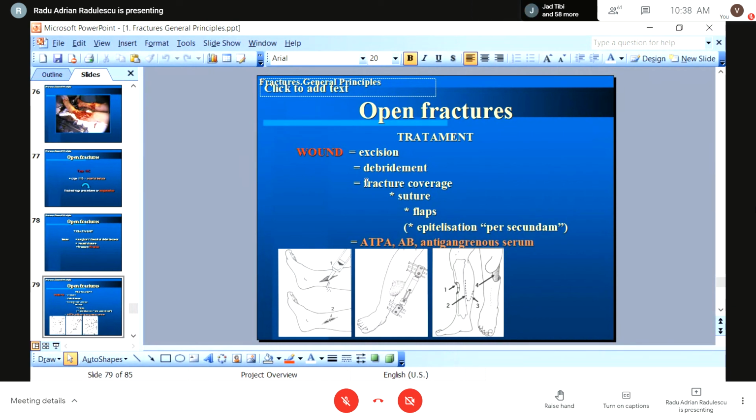The covering of the fracture site will be done directly when possible, or using flaps from the neighborhood, and in the second time surgery by skin grafts from the neighborhood for covering the granulation tissue.